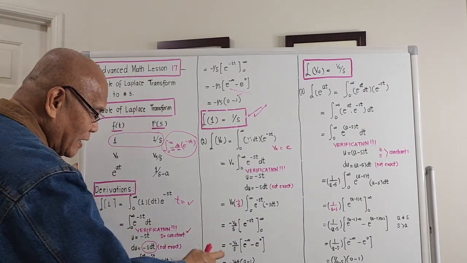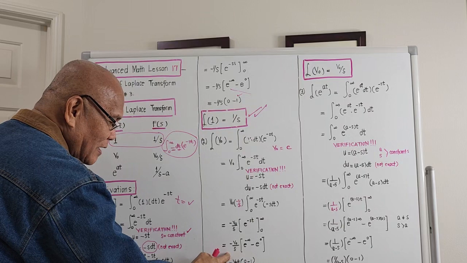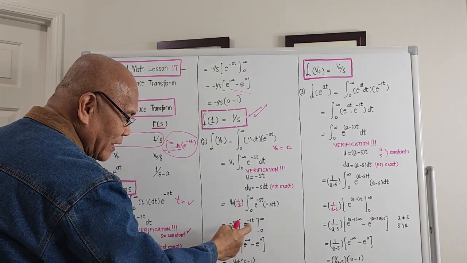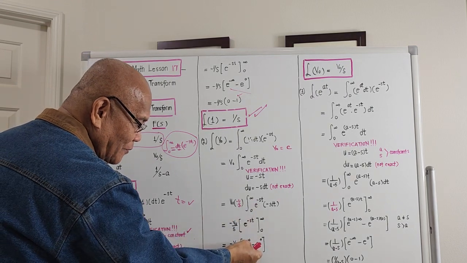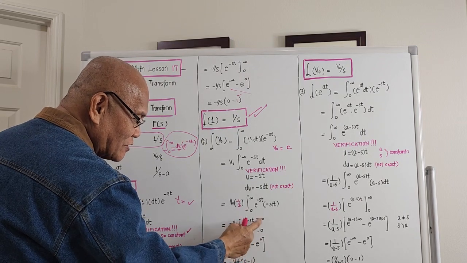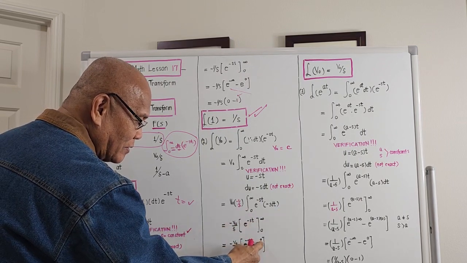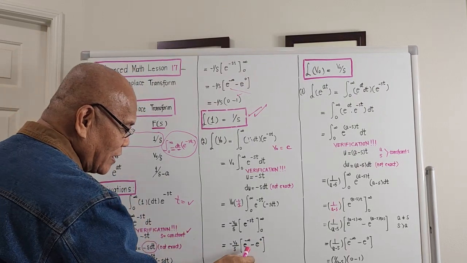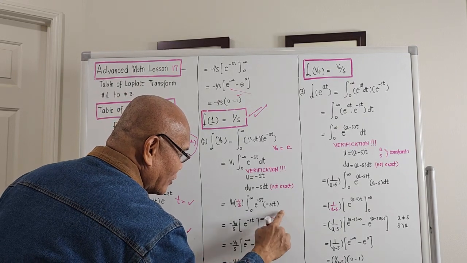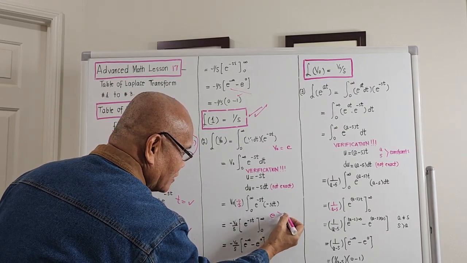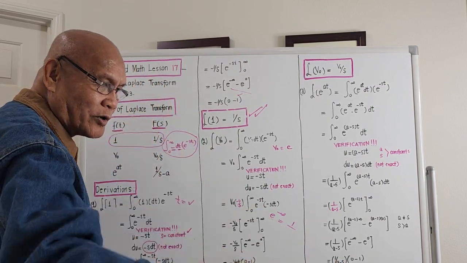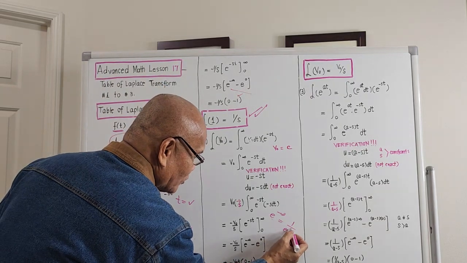Simplifying this, this will be negative V sub 0 over s. Applying the upper limit, we put time to be infinity. s times infinity will still be negative infinity, a very small number, minus, when time t is 0, s times 0 will be 0. And e raised to negative infinity is actually equal to 1 over e raised to infinity, by the laws of exponent, the one you are doing in the short videos.